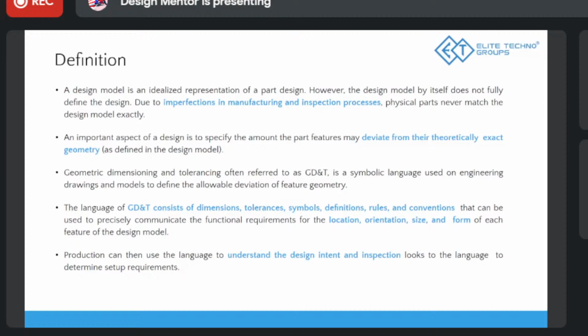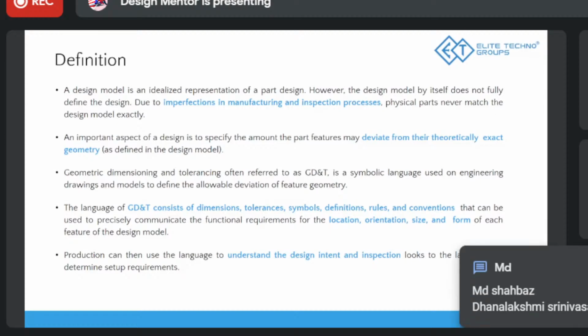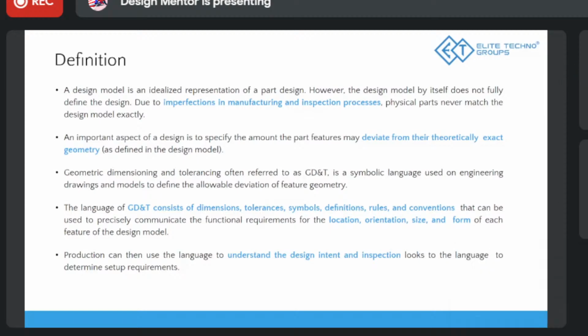Now, what happens with those kinds of dimensions? Let's say we have a particular phone, and we have a drawing of it on the sheet, and we give a particular dimension, let's say 5.5 inches, right? So when I give 5.5 inches, obviously while manufacturing, you won't get the exact 5.5 inches.